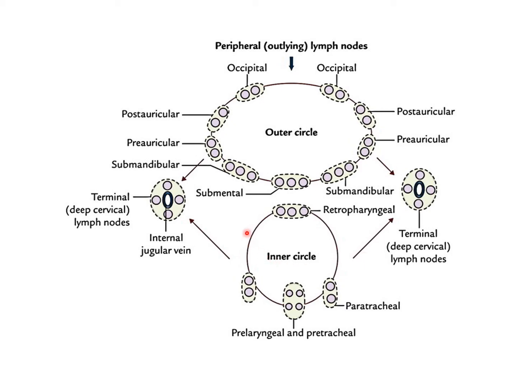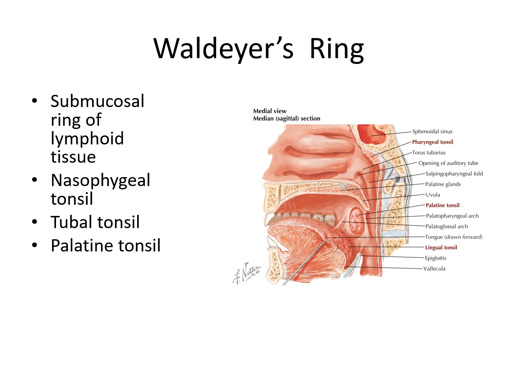And just deep to the inner circle, there is also a submucosal ring of lymphoid tissue which is known as Waldeyer's ring. This is a sagittal section of the head and neck, and in this we can see the nasopharyngeal tonsils here, and this is the opening of the auditory tube.